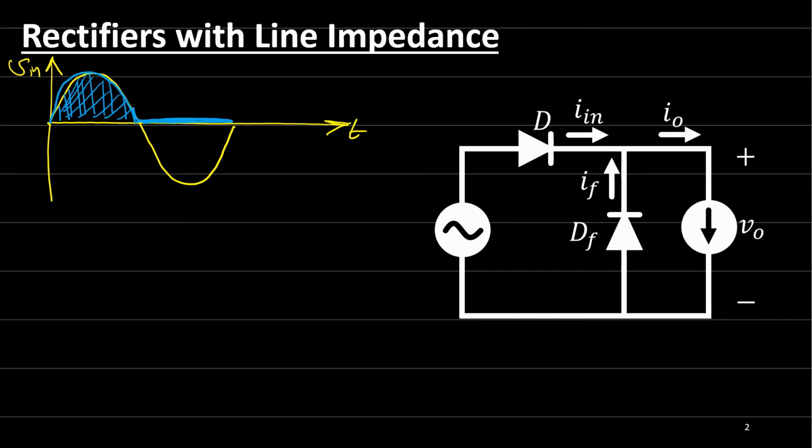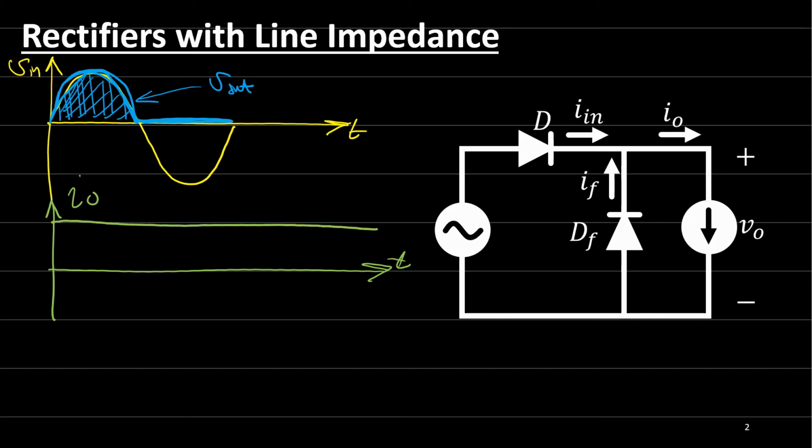So this blue line is the output voltage, V output. Now, since we have a highly inductive load, the output current will be constant all the time. So the output current I out will be constant, and I can say that this is I out capital.